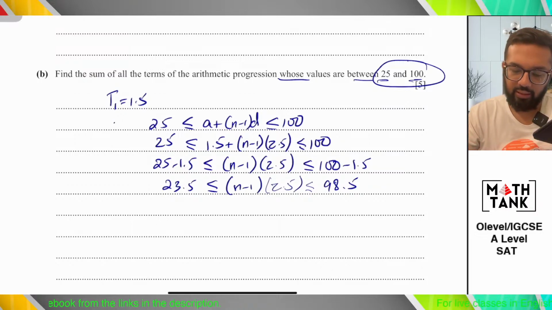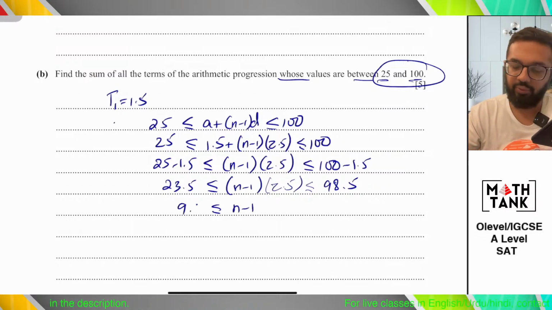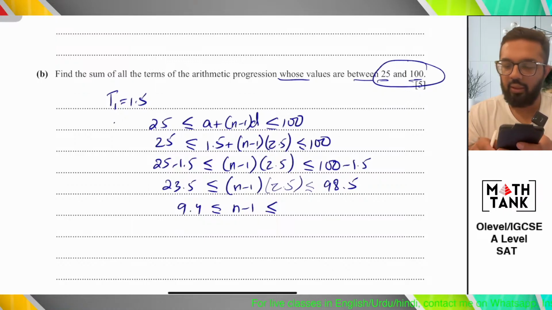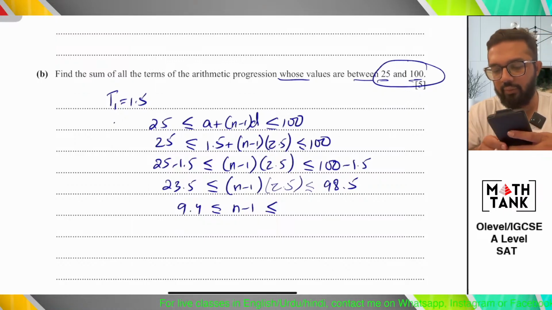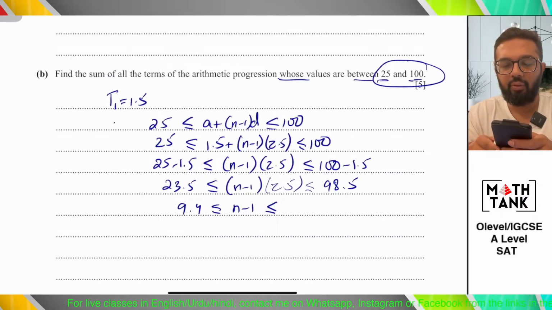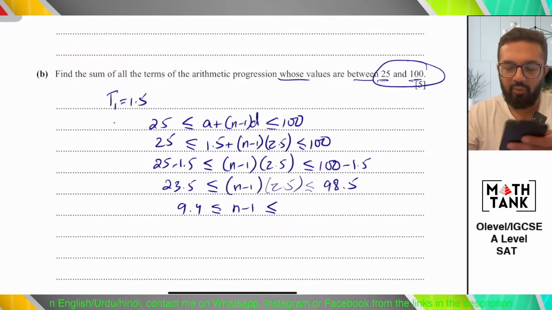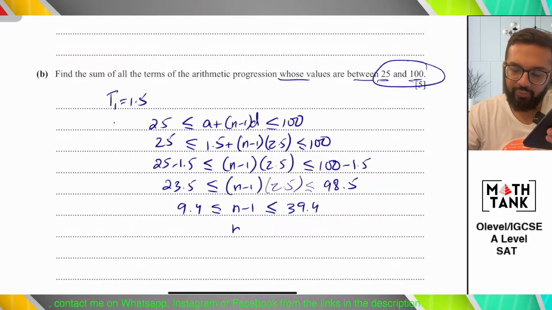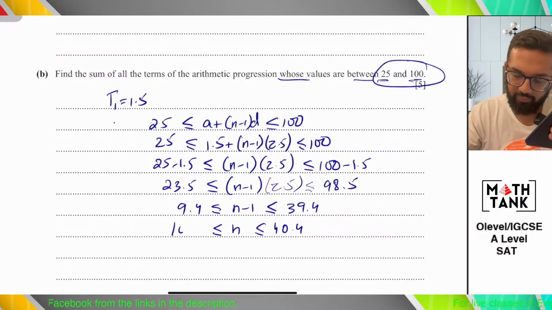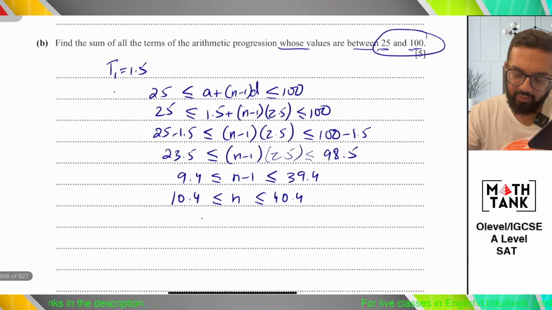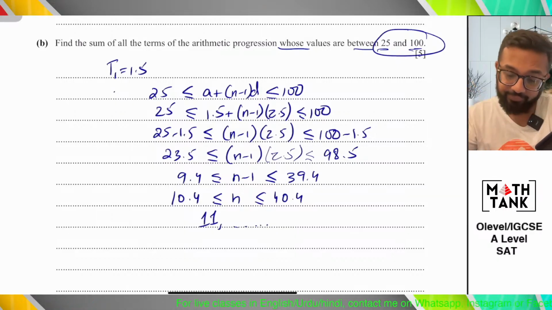That is coming out as n minus 1 is greater than or equal to 9.4, and 98.5 divided by 2.5 is 39.4. So n has to be greater than 10.4 and at most 40.4. That means I need to start from the 11th term and go on to the 40th term.